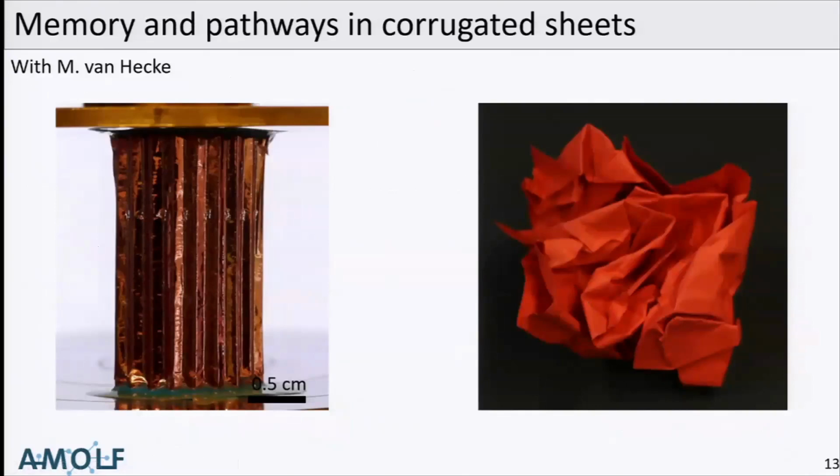I will start by explaining what I call memory and the link with these pathways. My definition of memory is extremely broad. I will call memory any form of history dependence in a material. So that's not very restrictive.